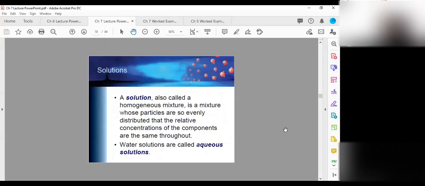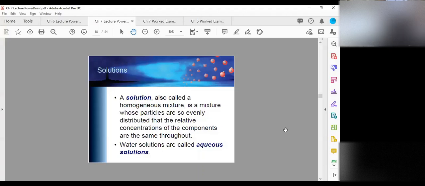This chapter also talks about solutions. Actually, there is a whole chapter about solutions, how to calculate constituents of solutions, so that will be covered there. But in order for you to just be familiar with at least some of the terms you're going to read or come across in this chapter, just keep in mind solutions mean homogeneous mixtures.